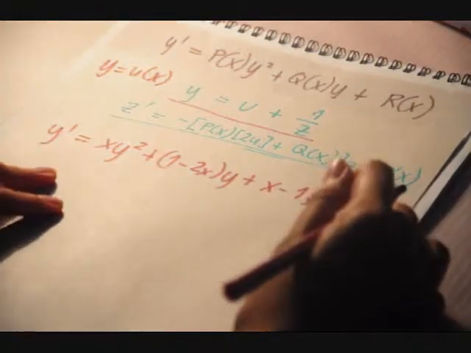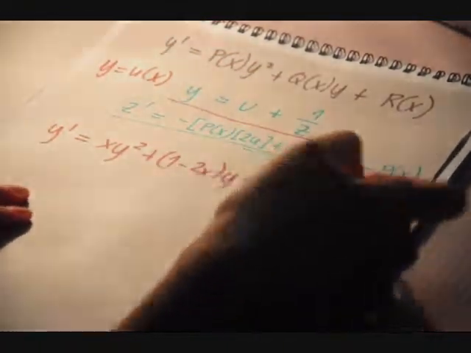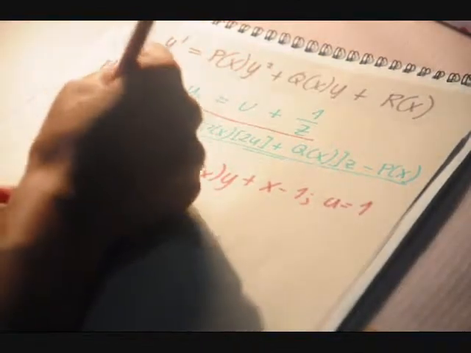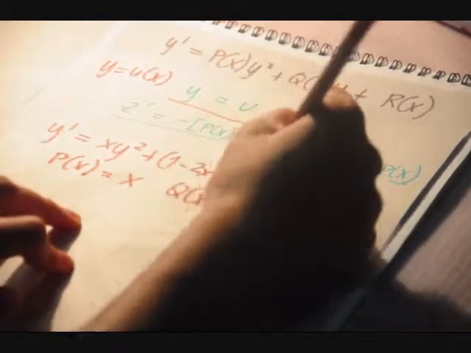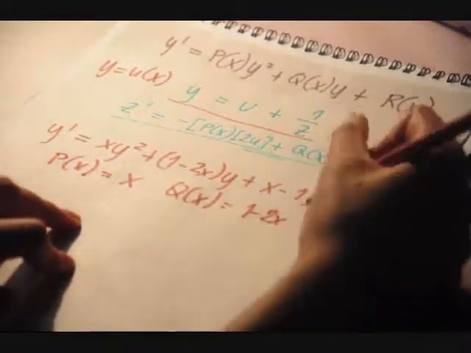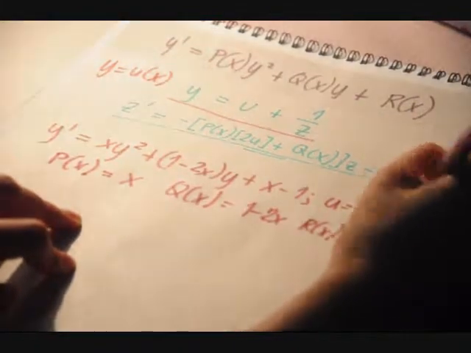So first, we find what our p of x and q of x are in our equation. Our p of x is equal to x, our q of x is equal to 1 minus 2x, and our r of x is equal to x minus 1.